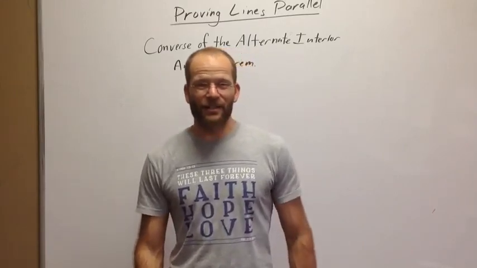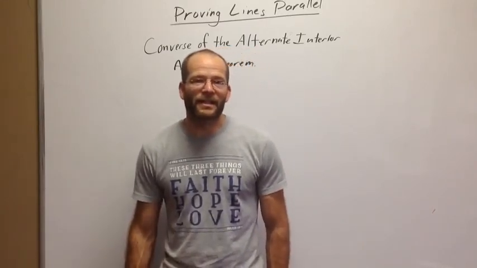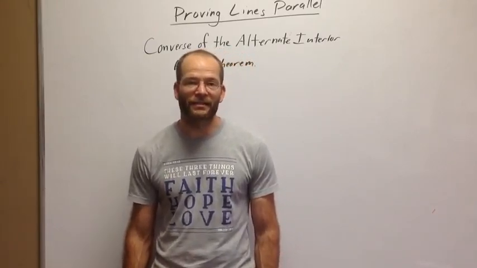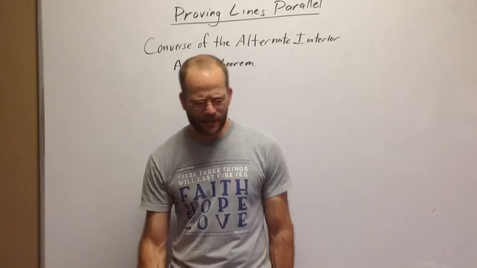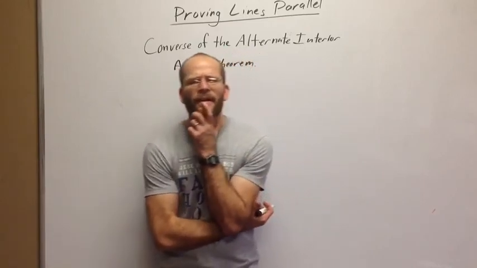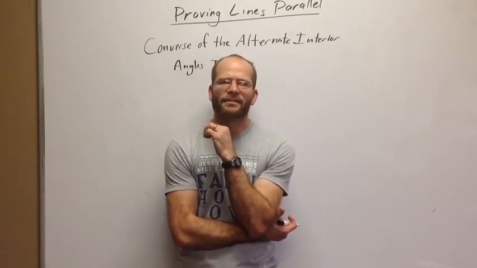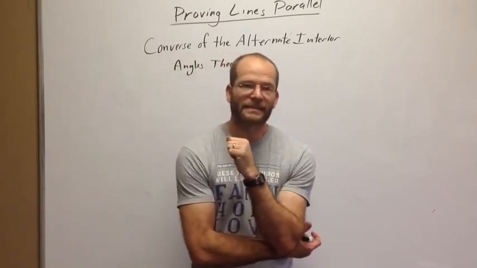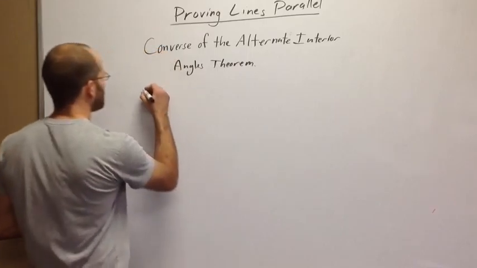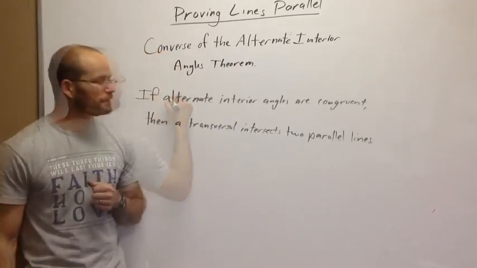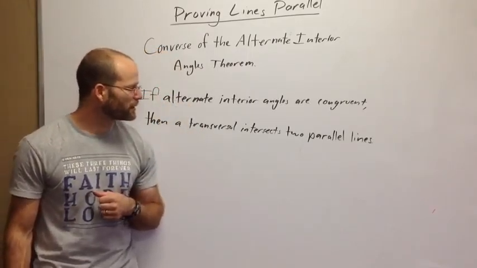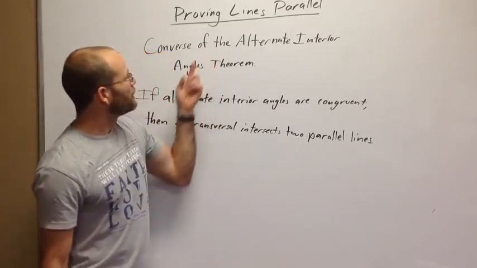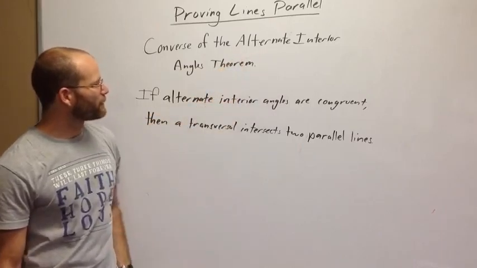The alternate interior angles theorem says that if a transversal intersects two parallel lines, then alternate interior angles are congruent. So if we switch that around, we end up with, if alternate interior angles are congruent, then a transversal intersects two parallel lines. Let's write that down. If alternate interior angles are congruent, then a transversal intersects two parallel lines.